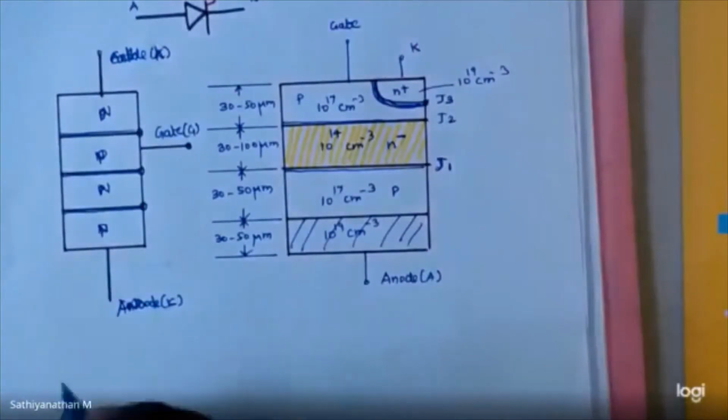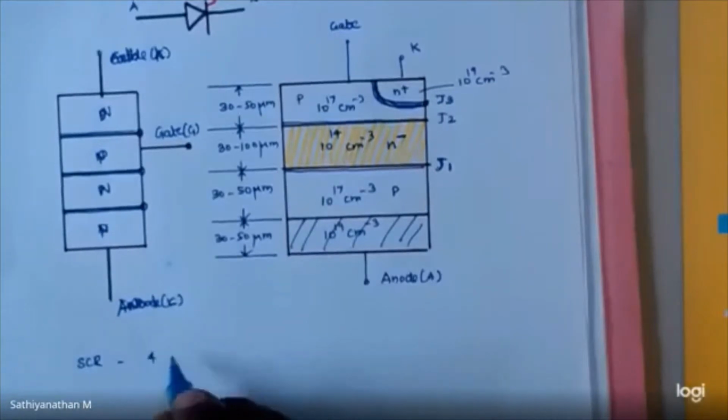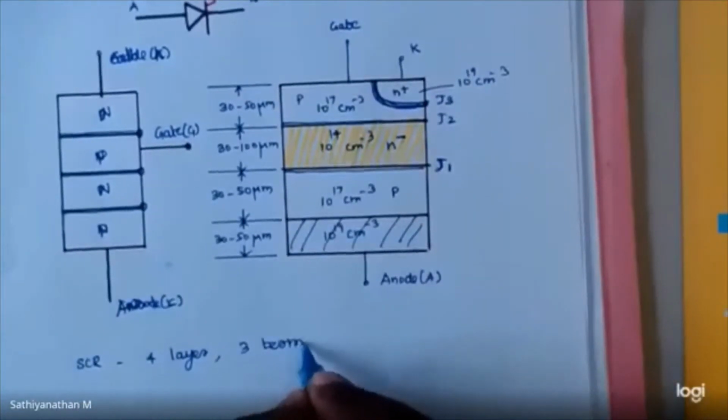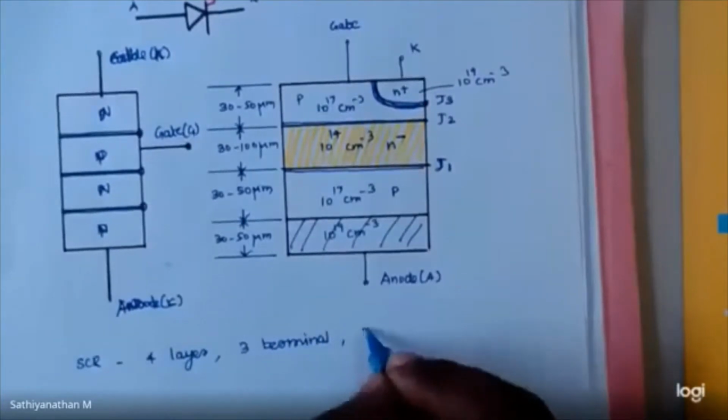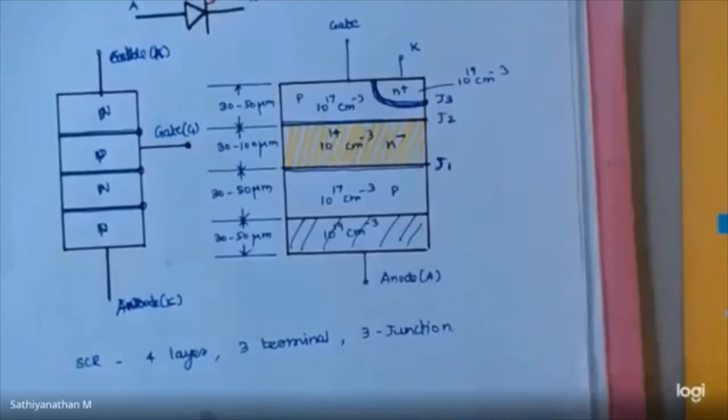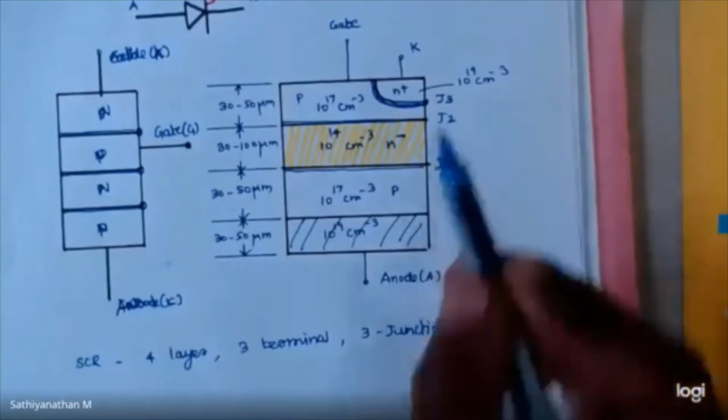So there are four layers. So SCR is a 4-layer, 3-terminal and 3-junction device. The 4 layers are P N P N, the 3 terminals are anode, cathode and gate, and the 3 junctions are J1, J2 and J3.